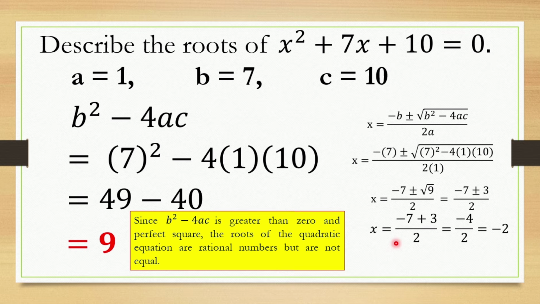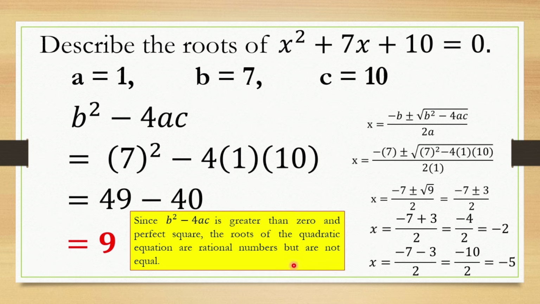Okay? So we have two solutions. So the first one is negative 7 plus, kasi positive or negative to, so plus 3 over 2. So let us simplify. Negative 4 over 2, so ang makukuha natin dito ay negative 2. The other one is negative 7 minus 3, kasi negative yung isa, so over 2, we will have negative 10 over 2 and that is negative 5.